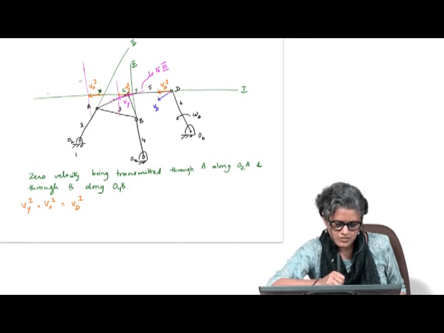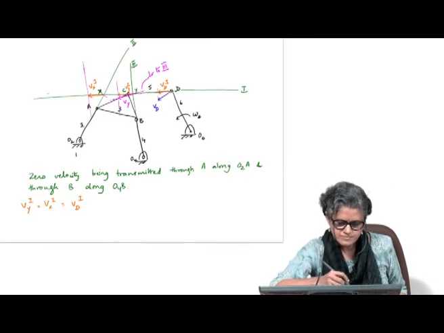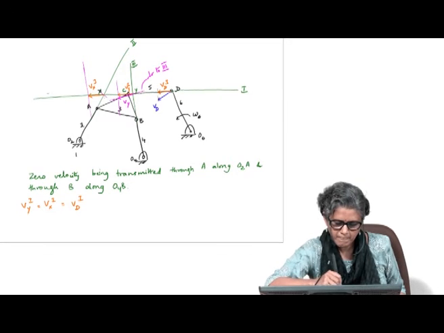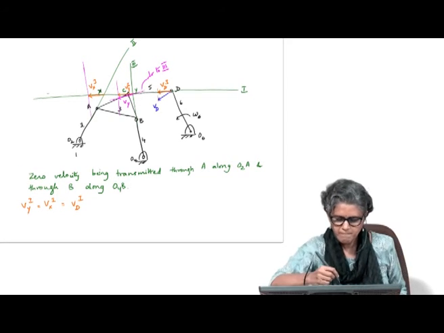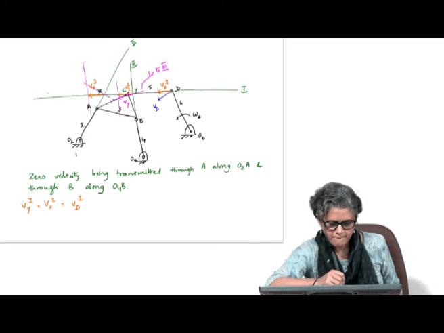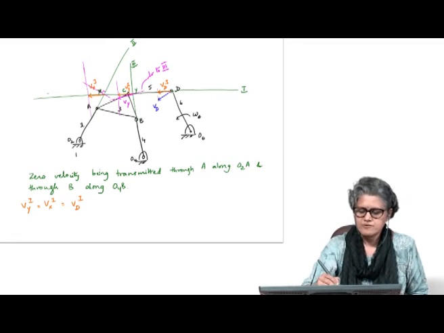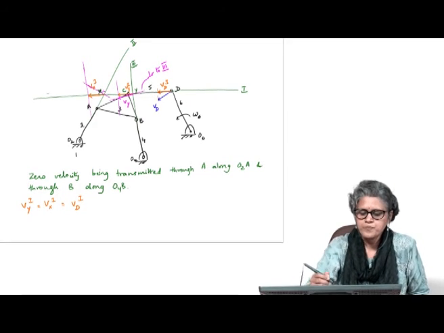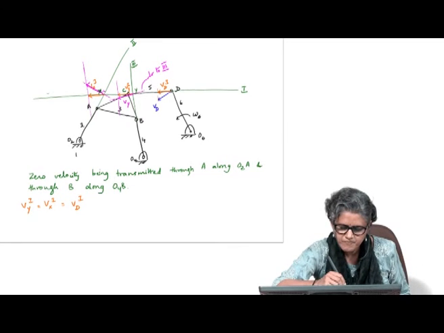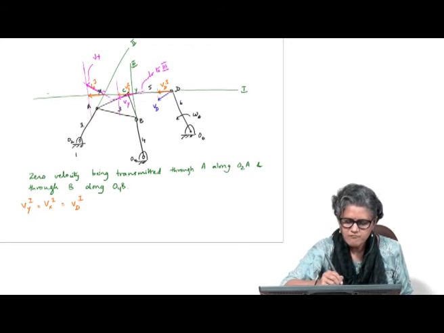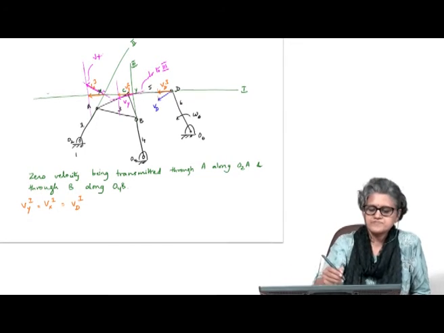So this is perpendicular to 2. That would be the velocity of X.